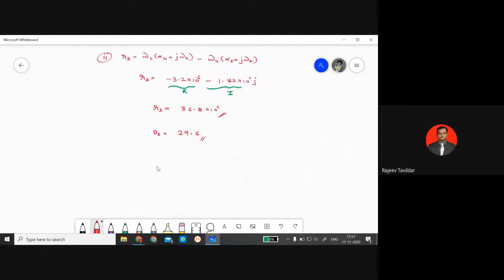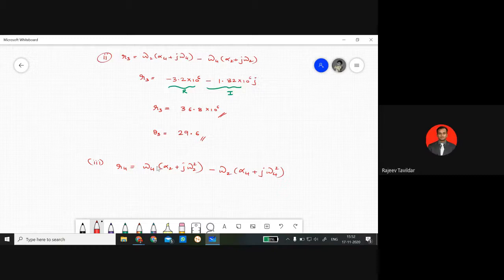Now let us move to the third, that is R4. So it is again omega 4 alpha 2 plus j into omega 2 square, minus omega 2 into alpha 4 plus j into omega 4 square. Omega 3 in the first place.